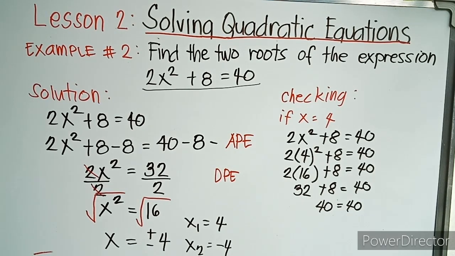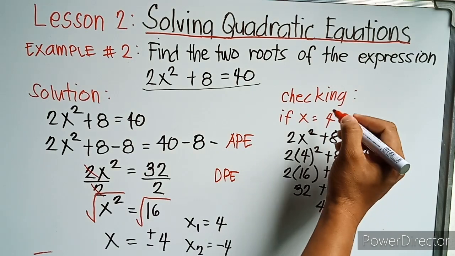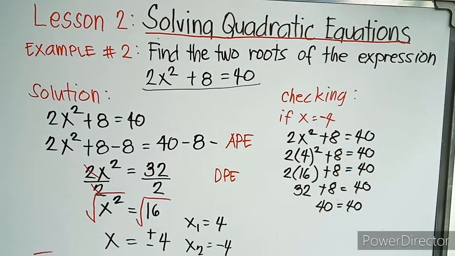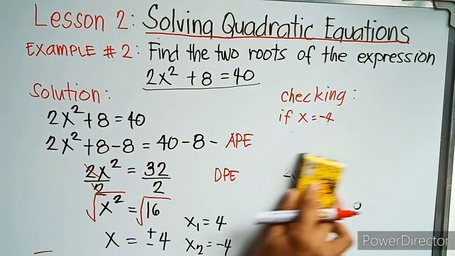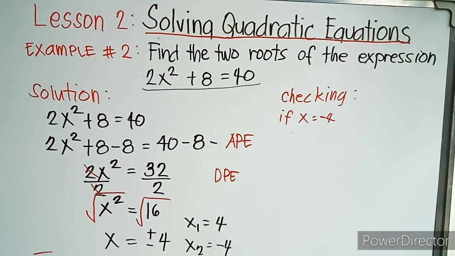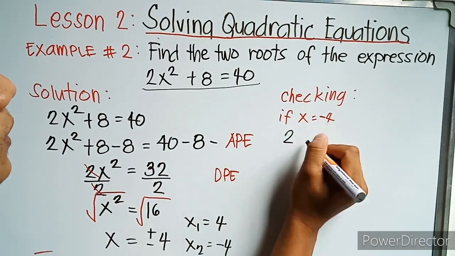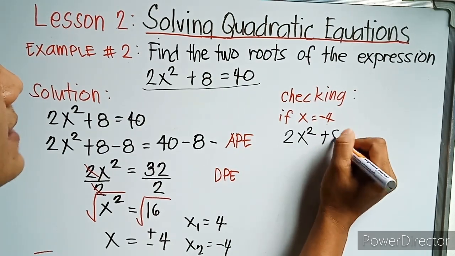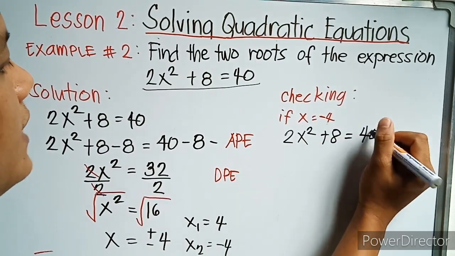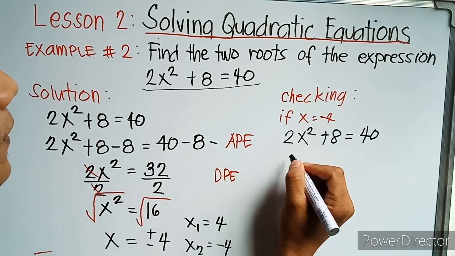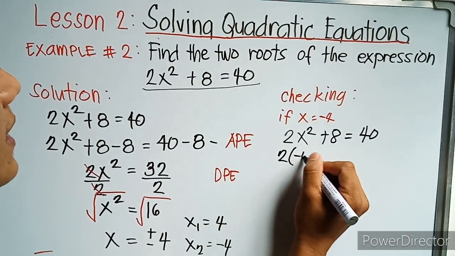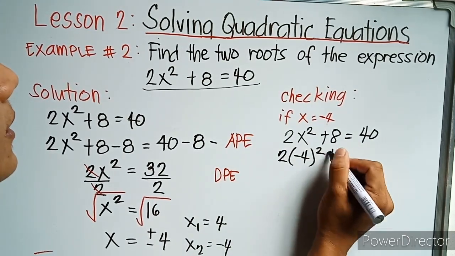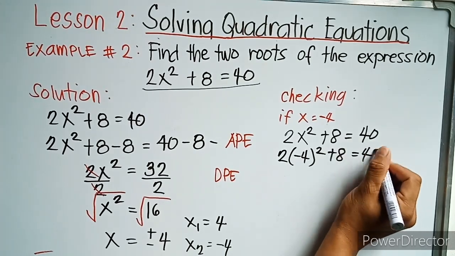Okay. How about if x is equal to negative 4? Palitan lang natin to. So, we will have 2x squared plus 8 equals 40. Papalitan si x ng negative 4. So, magiging 2 times negative 4 squared plus 8 equals 40.